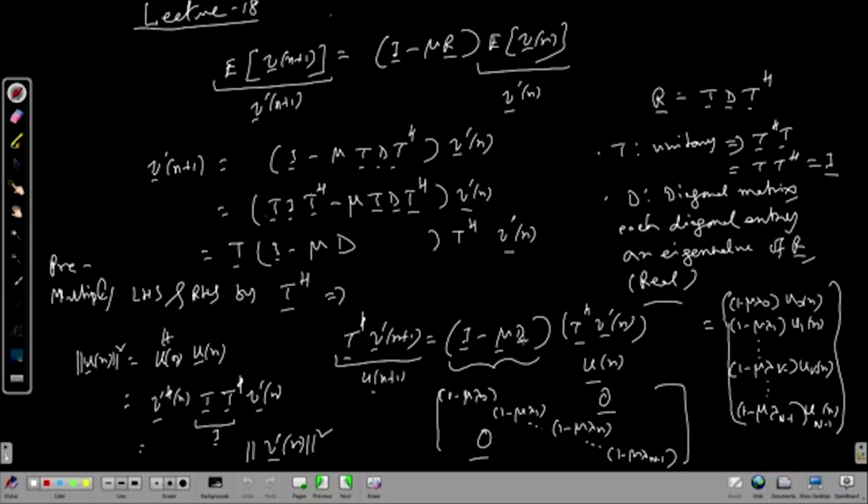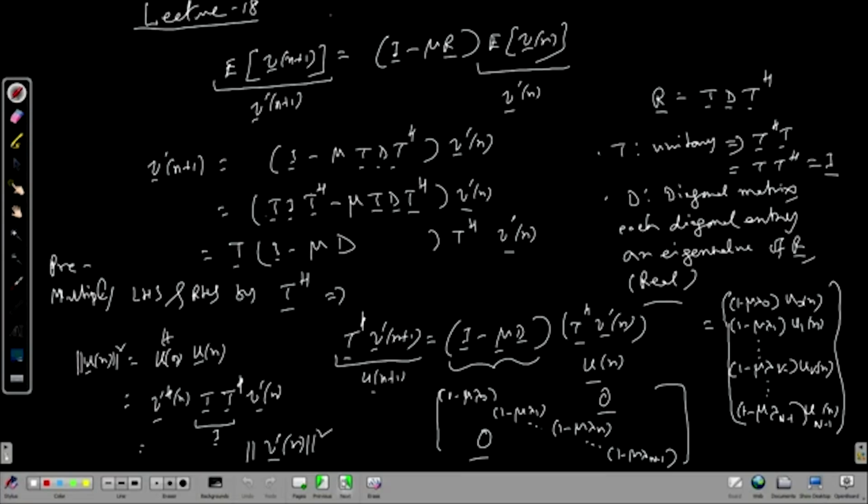So, this is my (I − μD) into un. This un itself I can write, instead of n plus 1, if I write n, as again the same matrix (I − μD) into u(n−1). Again u(n−1) is (I − μD) u(n−2), and like that.